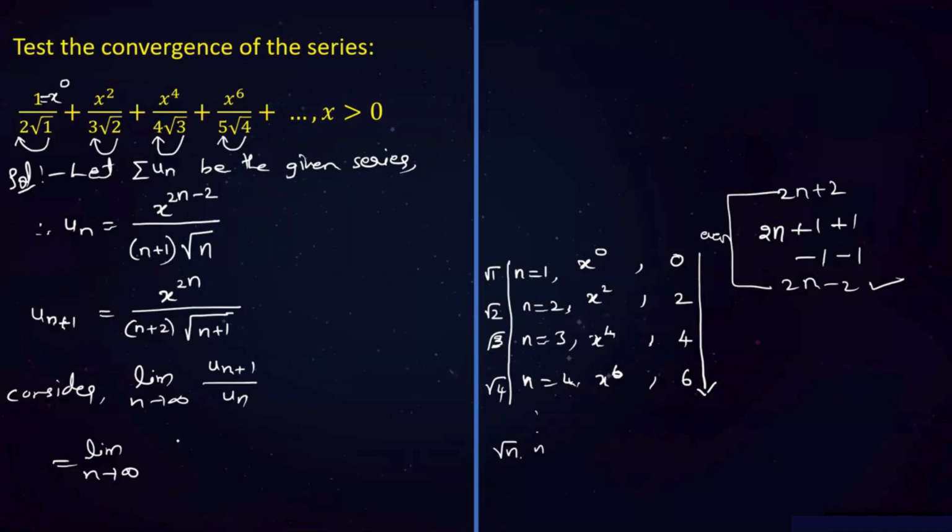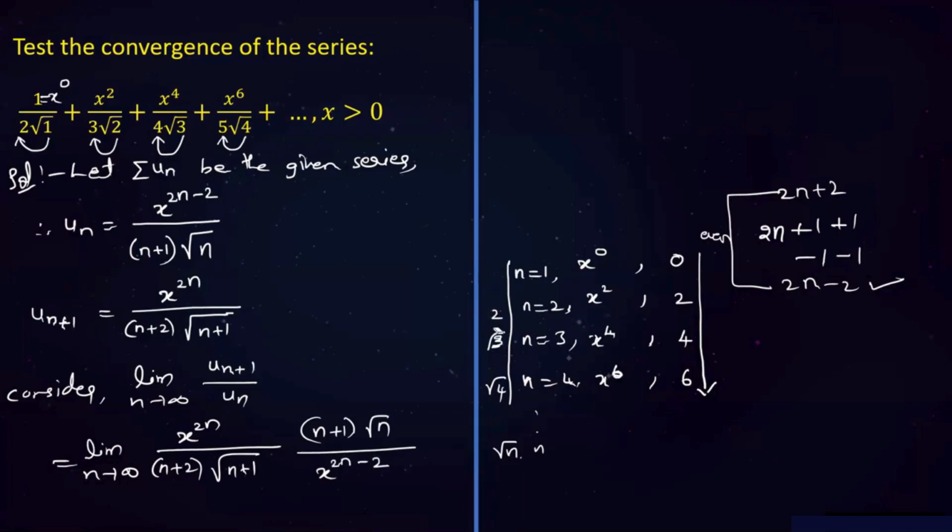Whatever you got here, I'm substituting: x to the power of 2n divided by n plus 2 into square root of n plus 1. And as we did in the previous two problems, I'm writing the reciprocal of un in the numerator like this: n plus 1 into root n divided by x to the power of 2n minus 2.